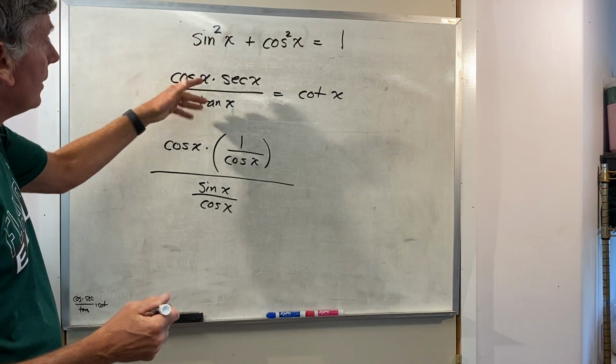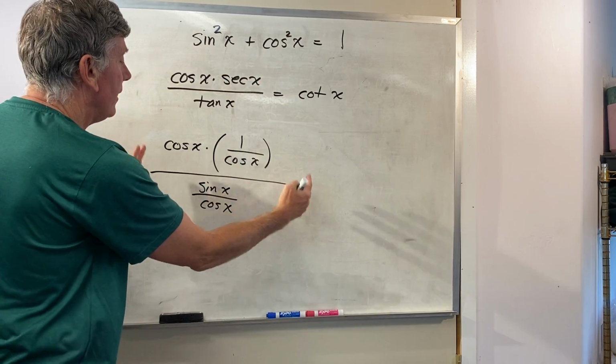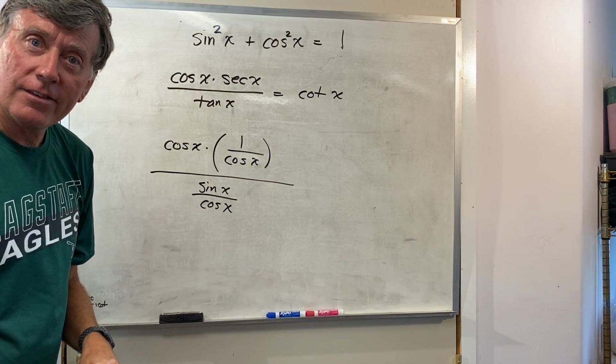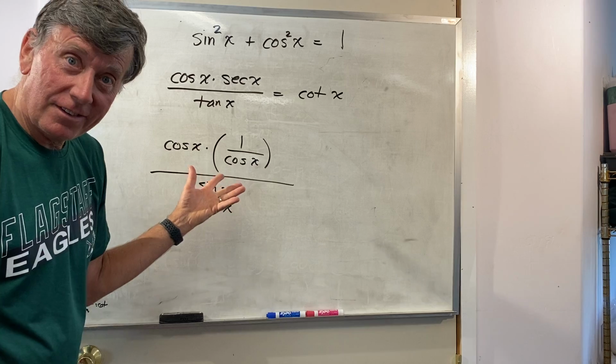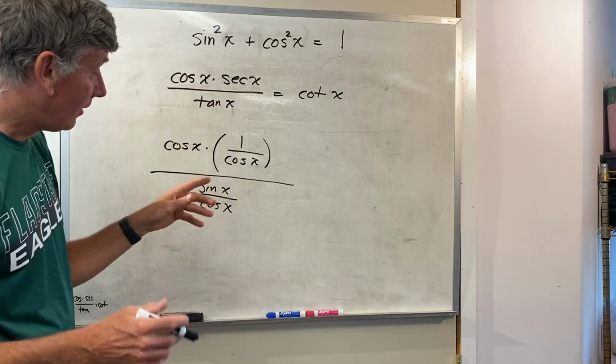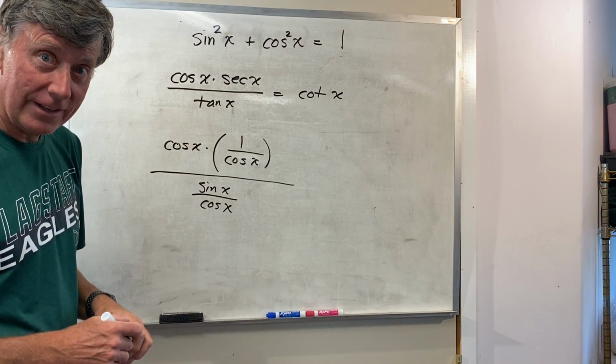Now I have rewritten this left-hand side into all sines and cosines. And it's kind of nice. I don't have any pluses in here. I don't have any minuses. Everything is being multiplied or divided.